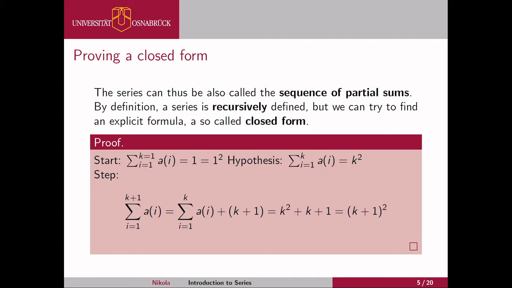And if you look here at the proof, you can see what I did. I plugged in the term k plus 1. So on the left-hand side, in the induction step, we sum all the odd numbers until k plus 1. And, well, this is nothing else than the sum of all odd numbers up until k plus the number 2k plus 1.